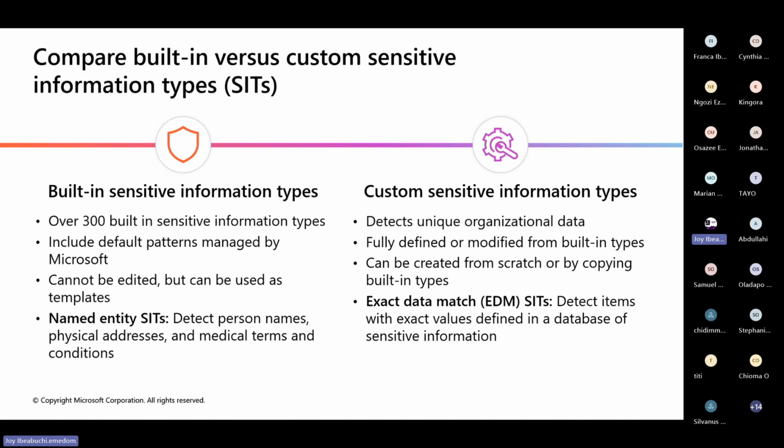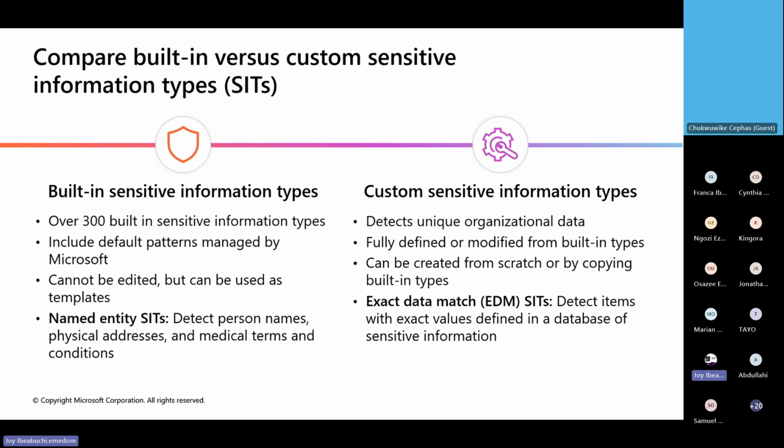You can see that I'm very sure about the invoice numbering system, and so I can create a custom sensitive information type if invoice is classified as sensitive information in the industry. I'm in this my fictitious industry, and I can create and say it should be exact, that when you find this document, it should match this exact expression, and then classify it as this. So that's what custom does for you. You can customize it to how you want it.